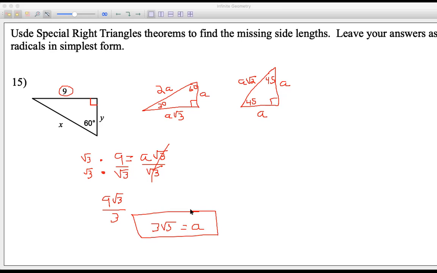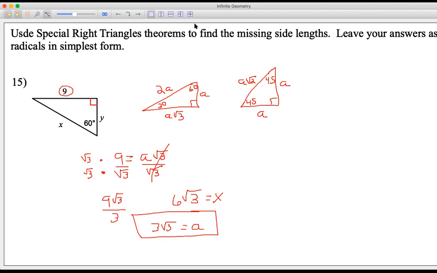The only thing we got to figure out is X. X is double A. Double this puppy. What would you get? 6 root 3. So there is your X. All right, 6 root 3 is X, and 3 root 3 is the other one.